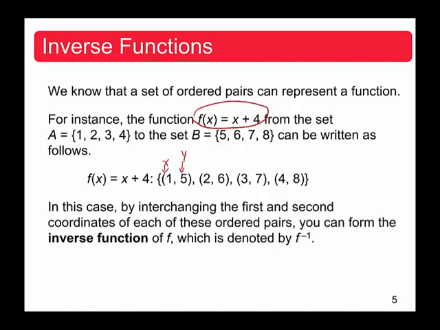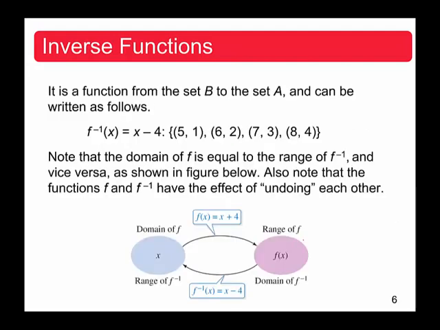If you interchange the first and second coordinates, meaning the x coordinate and y coordinate, you basically form the inverse function of f of x. So for the inverse function, x becomes y, and the y value becomes the x value. We use this inverse notation to represent it.